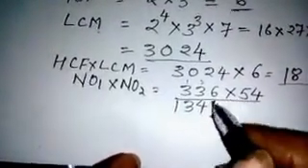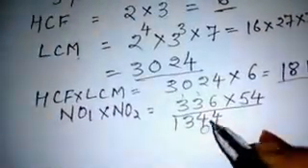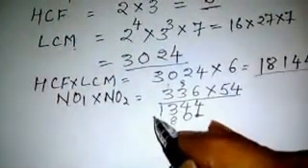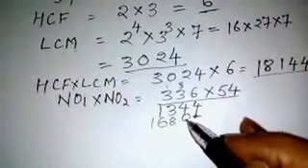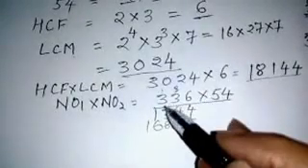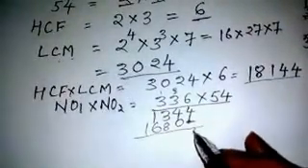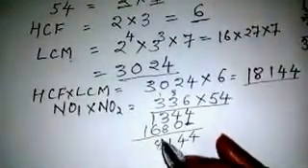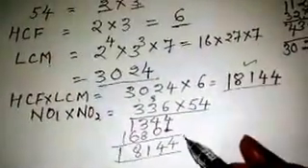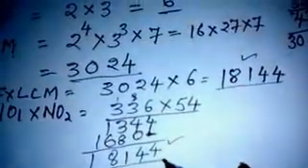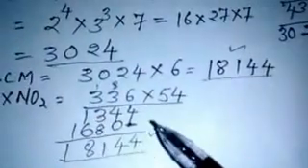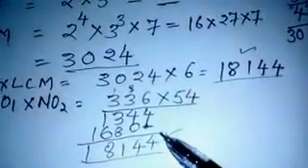Then multiply by 5. 5 6s are 30. 5 3s are 15 and 3, 18. 5 3s are 15 and 1, 16. So we got 18,144. So these two products are the same. Hence verified that the product of HCF and LCM is the same as the product of the numbers. That's all.